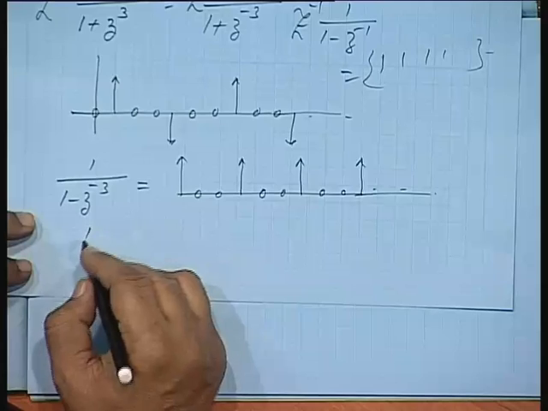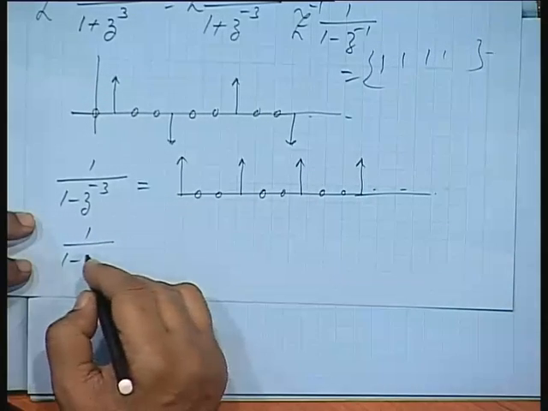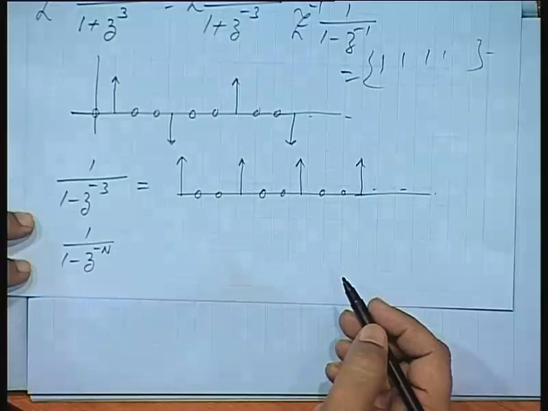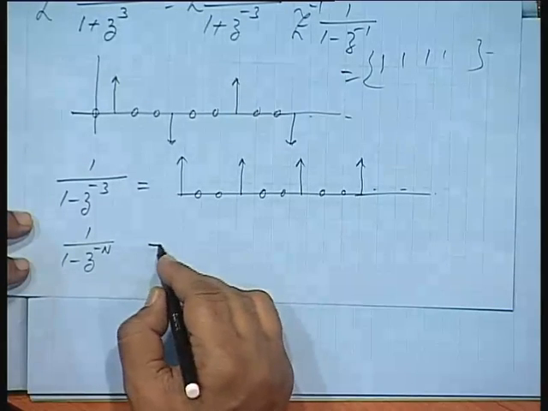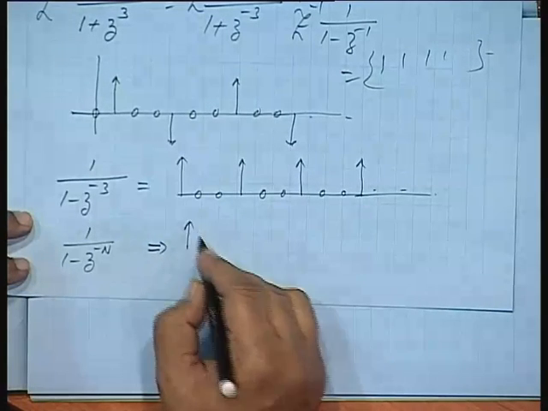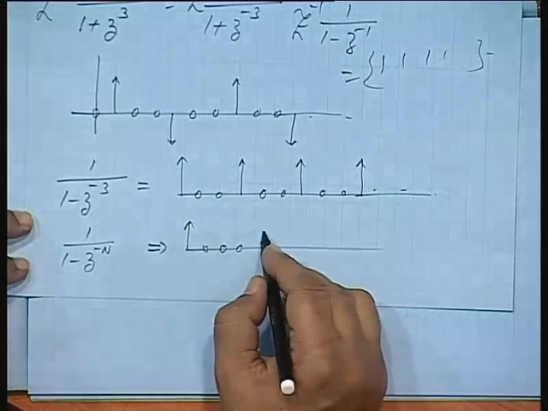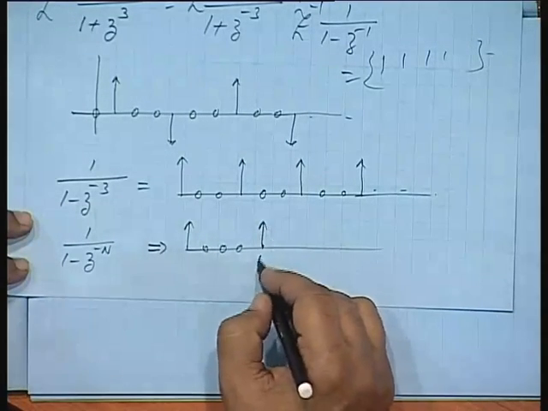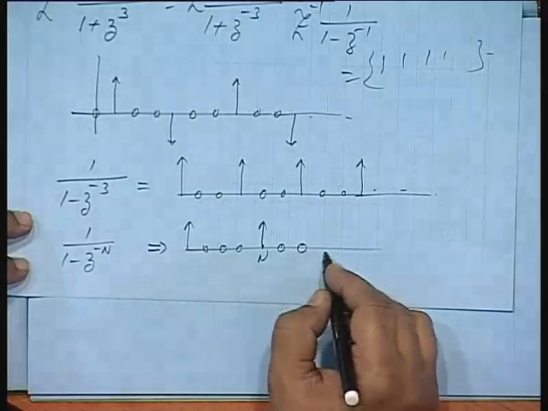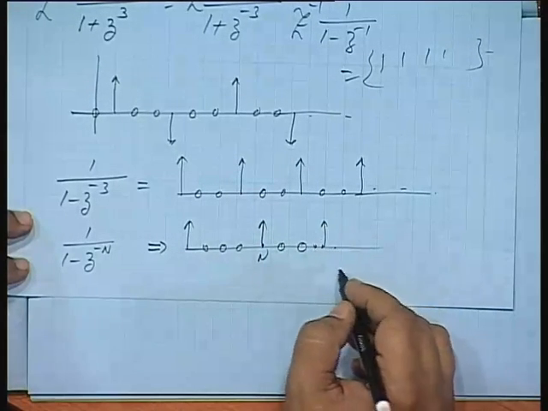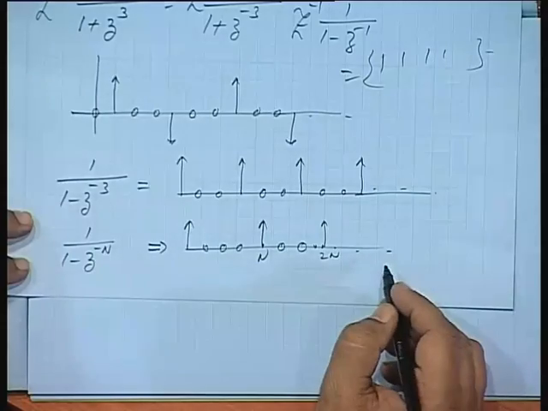In general, we will have a sequence like 1 0 0 0, at n again it will be 1, at 2n it will be 1 and so on, 3n and so on.